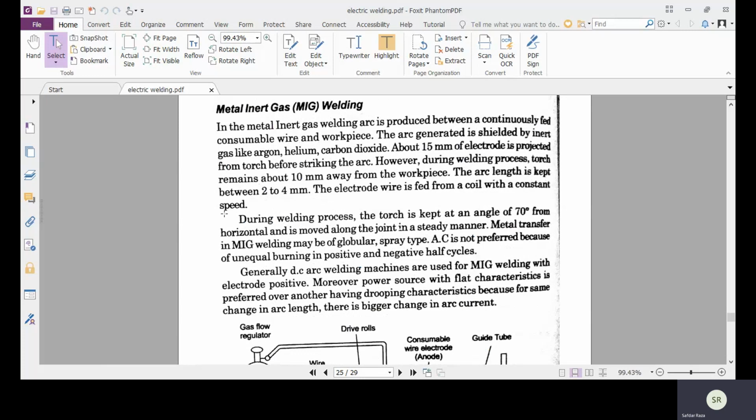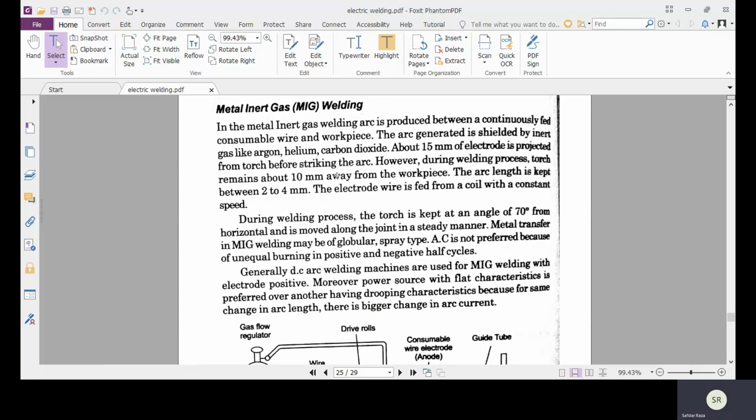In metal inert gas welding, an arc is produced between a continuously fed consumable wire and the workpiece. The arc generated is shielded by inert gas like argon, helium and carbon dioxide. About 15 mm of electrode is projected from the torch before striking the arc.